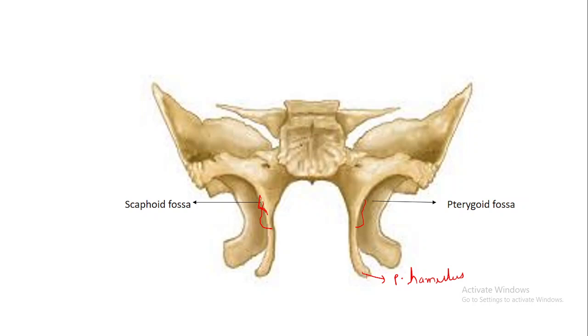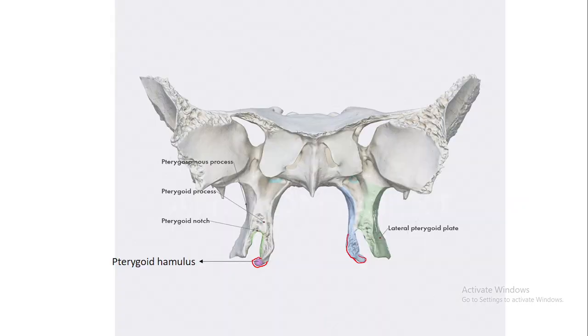Coming to the lateral pterygoid plates, so this is the lateral pterygoid plate. Again, it has a lateral surface, a medial surface, and a free posterior border.